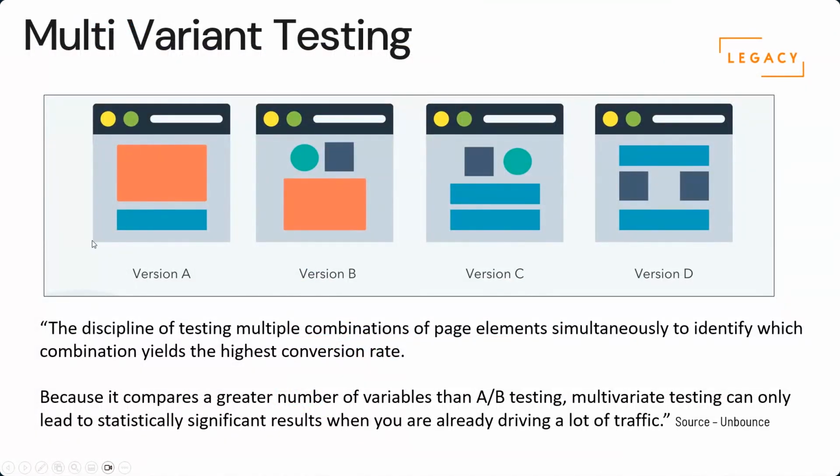Multivariant testing is something that I think is quite exciting. There are a number of different technologies out there that will allow you to create more than two versions of your landing page, for instance. Unbounce has one where you create multiple different versions of the landing page, and it will see which one performs best, and then start pushing traffic towards that.